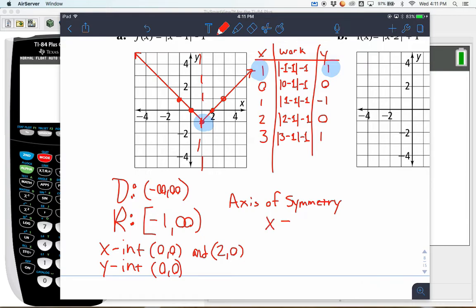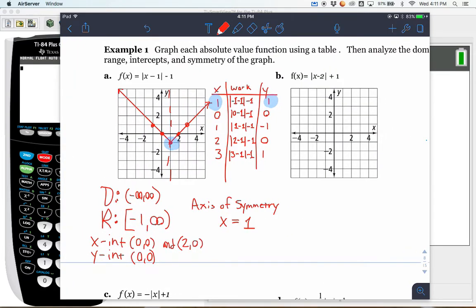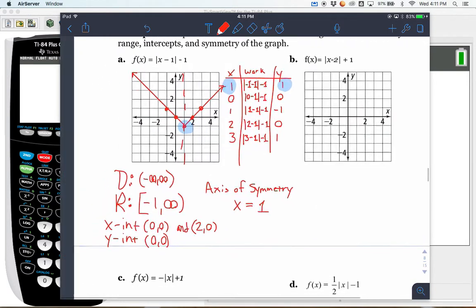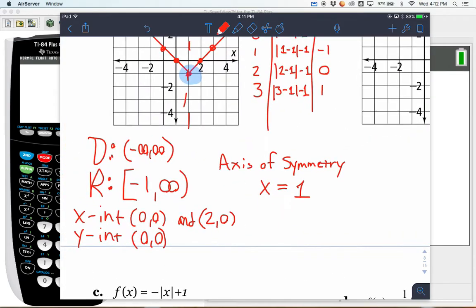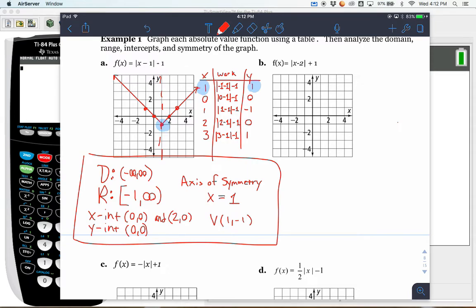So we're going to say the axis of symmetry goes to the x value, +1. Right there. And that is all your stuff there. Sometimes they'll ask about the vertex. I don't know if they actually said that here, but let's go ahead and add that in. The vertex is going to be at 1, comma -1. Right there. And that is all of your different things that you need for your graphs.